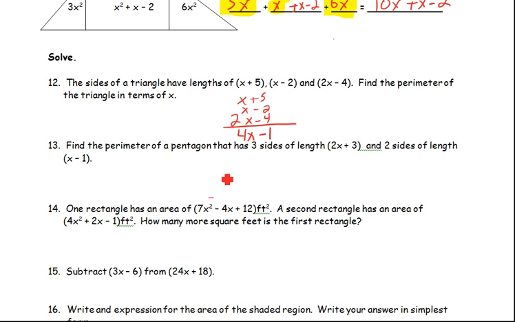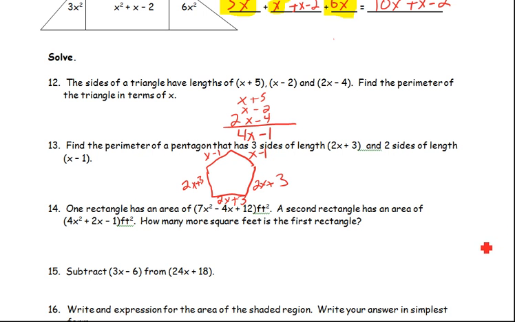Okay. Number 13. Find the perimeter of a pentagon that has 3 sides the length of 2x plus 3. And sometimes you just need to draw the shape. Alright, so I could do 2x plus 3, 2x plus 3, 2x plus 3, and 2 sides the length of x minus 1.